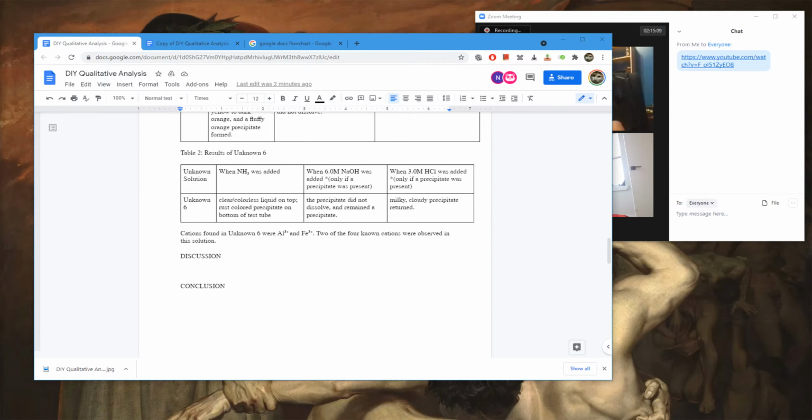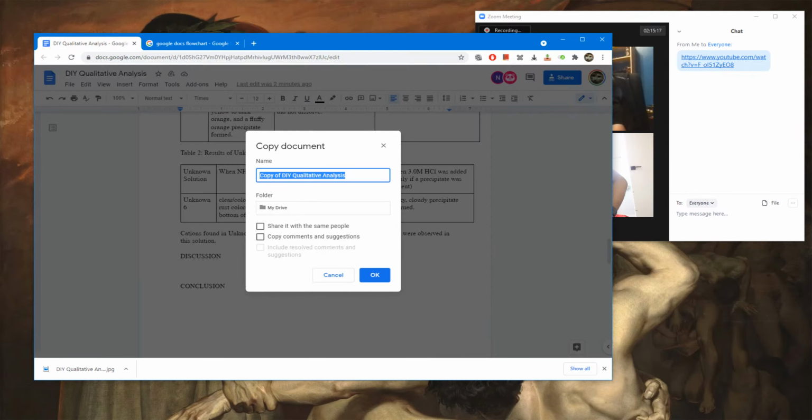Was it able to be fixed up? Were you able to fix it? Yeah.